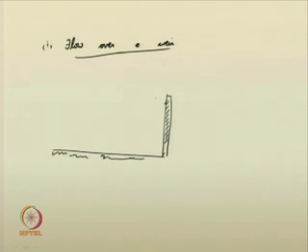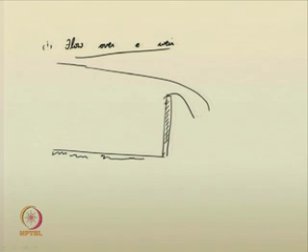Now, what happens? The flow overflows through this weir and falls like this, right. If the channel was already having a uniform flow earlier, now it may just dip like this.